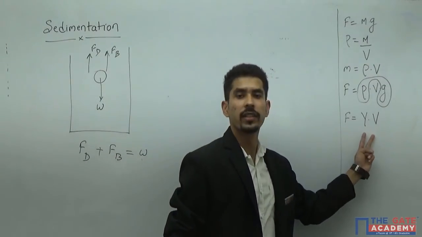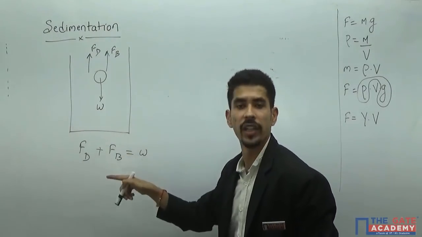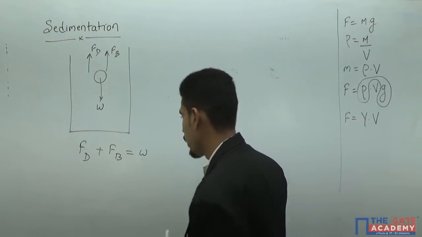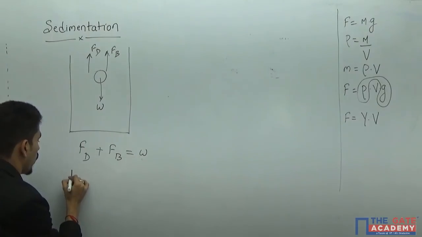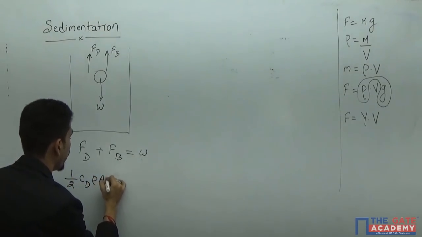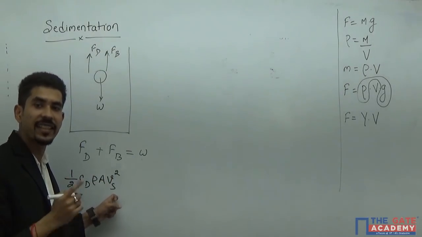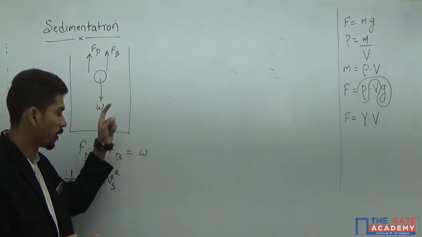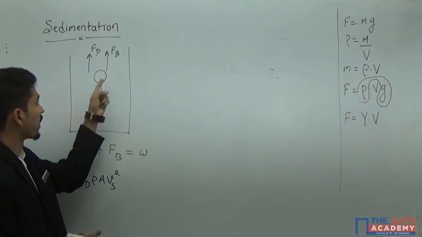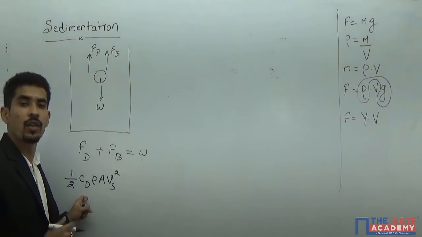I will use this expression here. For drag force there is a direct formula. We write drag force as 1 by 2 CD rho A into Vs square. Here Vs is the settling velocity of the particle, A is the area of the particle, rho is the density and CD is the drag coefficient.